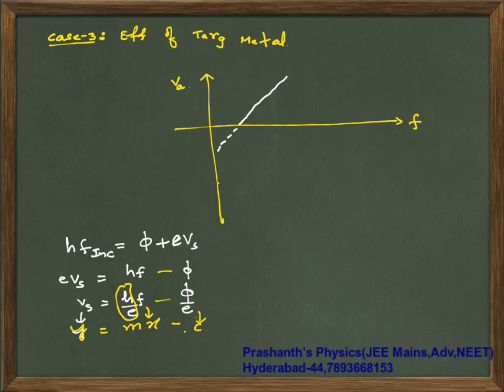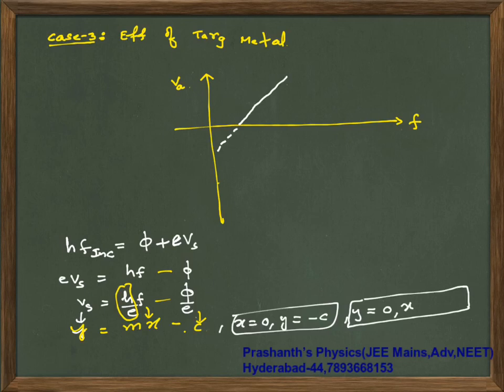If you substitute x equal to 0, your y is minus c. And if you substitute y equal to 0, you are going to get x equal to c by m. When x is 0, y is minus c; when y is 0, x is equal to c by m. Now in this graph, this c by m is this part. This white line is c by m, and this part is equal to minus c. For different metals it will be different. Your c is nothing but your work function, right?